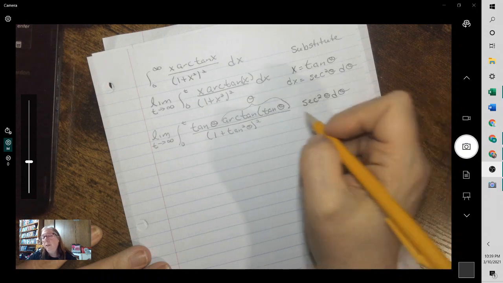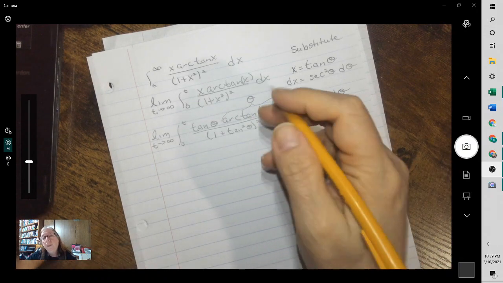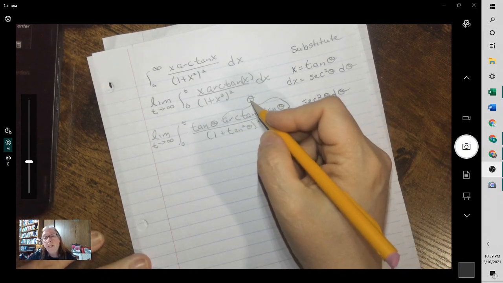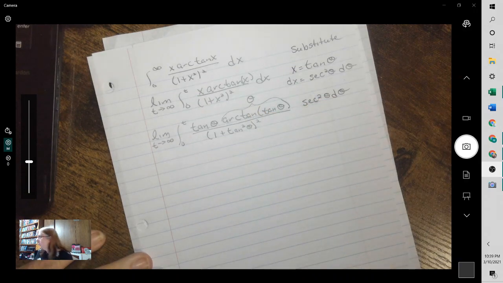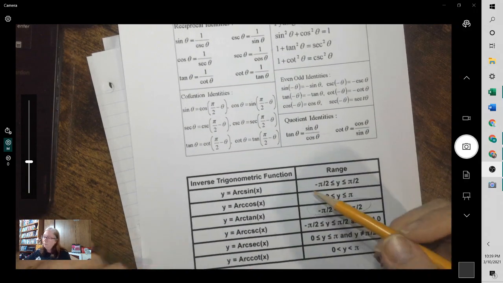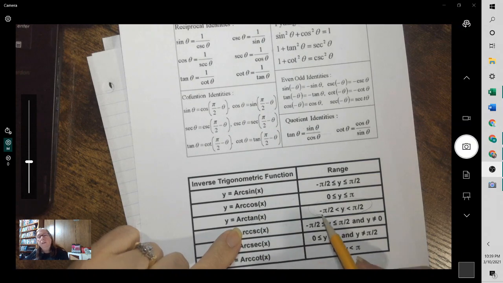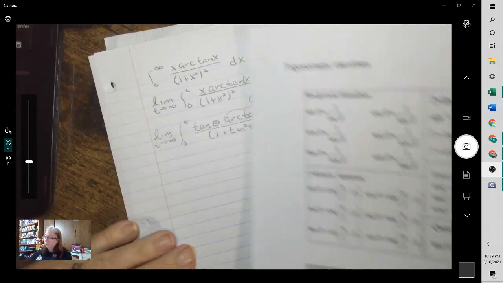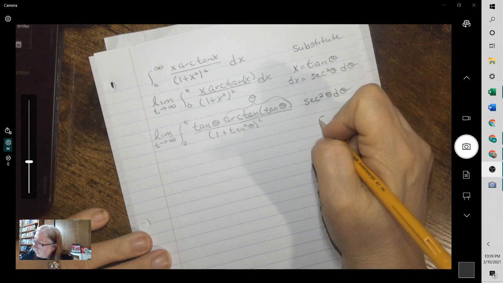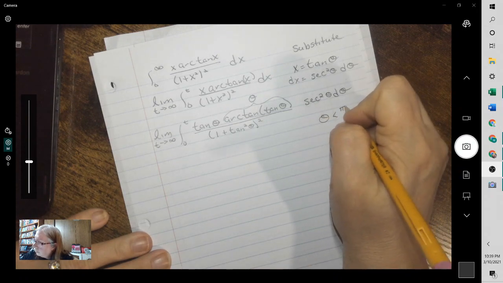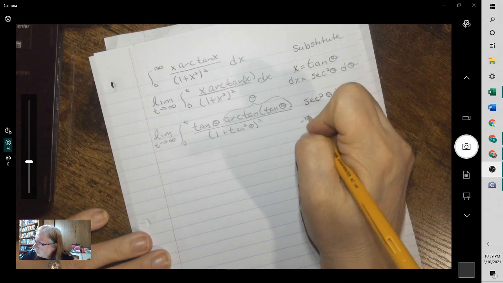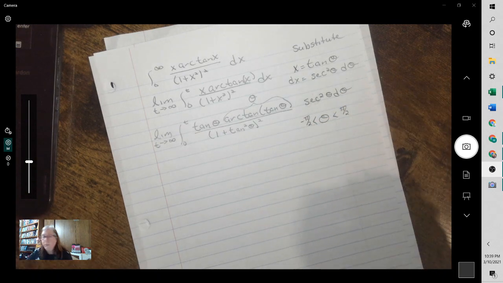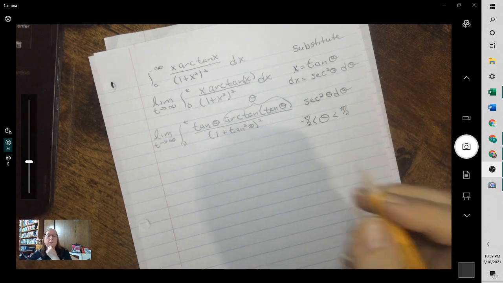But think about it. Remember the inverses, there's the special rules with the range, and this would be the range. The arctangent has to be between negative pi over 2 and pi over 2. So theta has to be between negative pi over 2 and pi over 2.